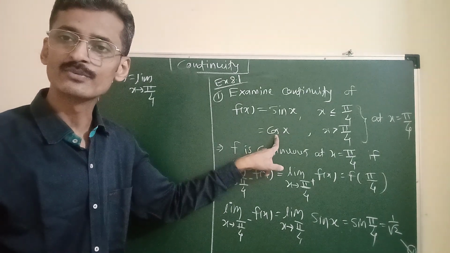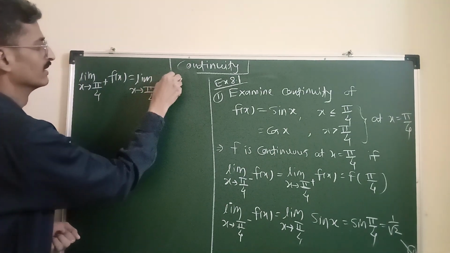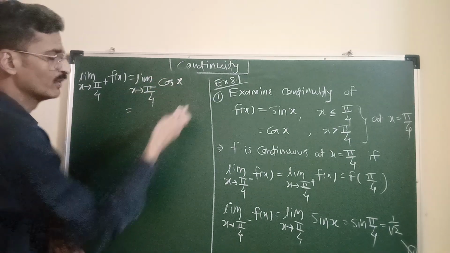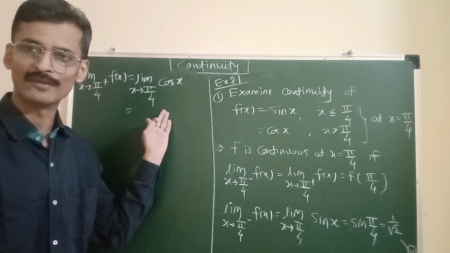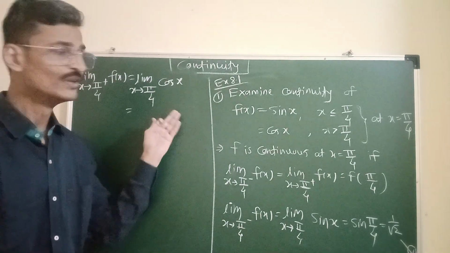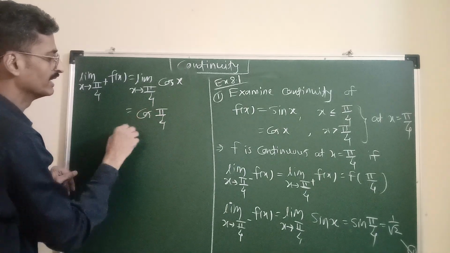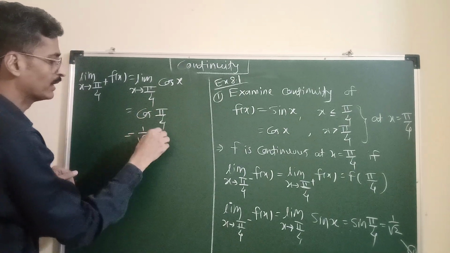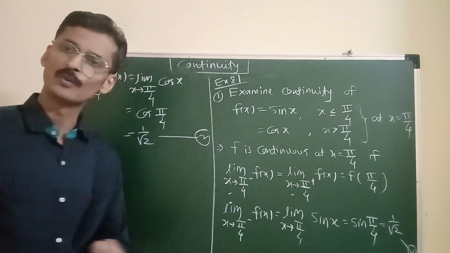So here the function is cos x. So write here cos x. Again, as there is 1 in the denominator, we can substitute x equal to pi by 4. We are not getting 0. So write here cos of pi by 4, that is cos 45, 1 by root 2. So the left hand side and right hand side limits are over.